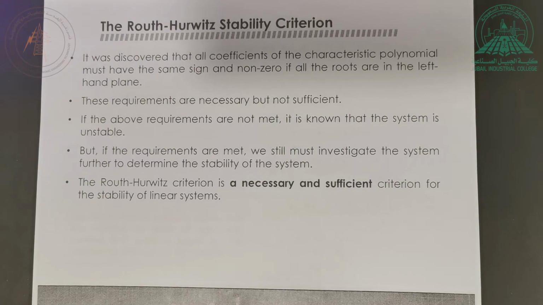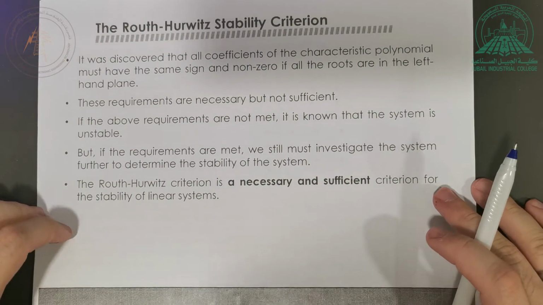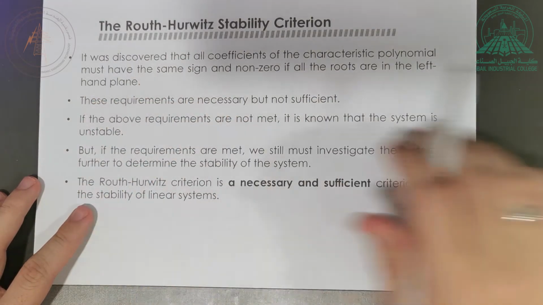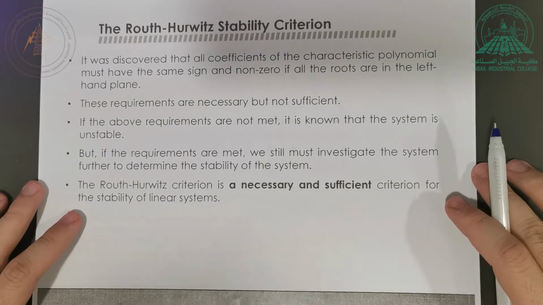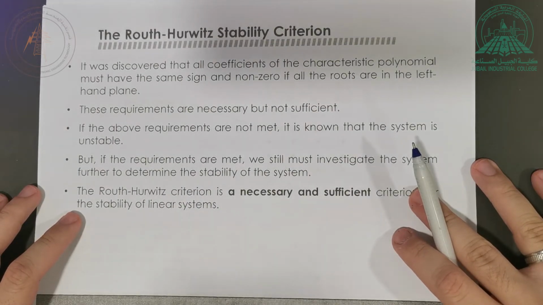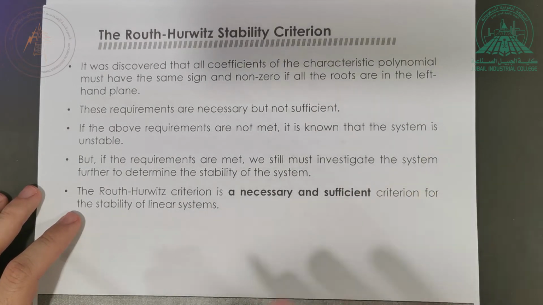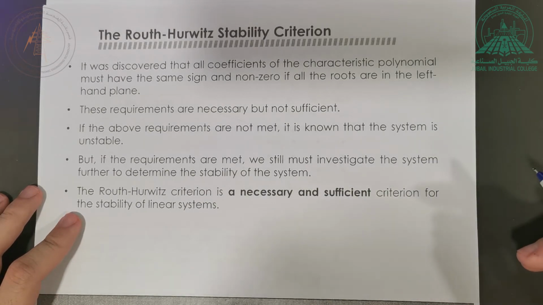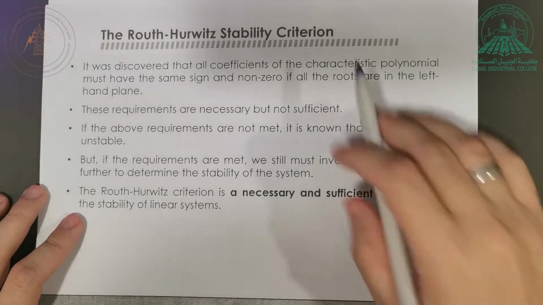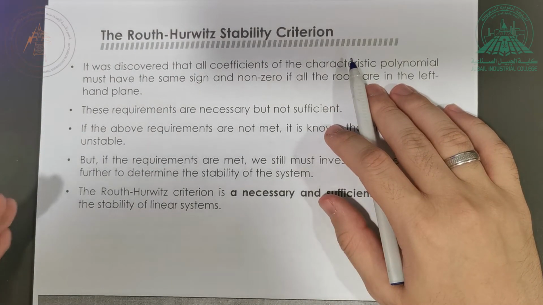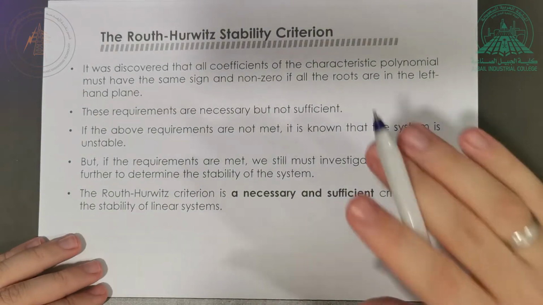So that's why there are some techniques, algorithms, like this one that we're going to be studying now. It's called the Routh-Hurwitz stability criterion. With this technique, I don't need to know what the poles are. We're not going to find the poles of the system. But this technique will tell us if there are any poles on the right hand plane or not.